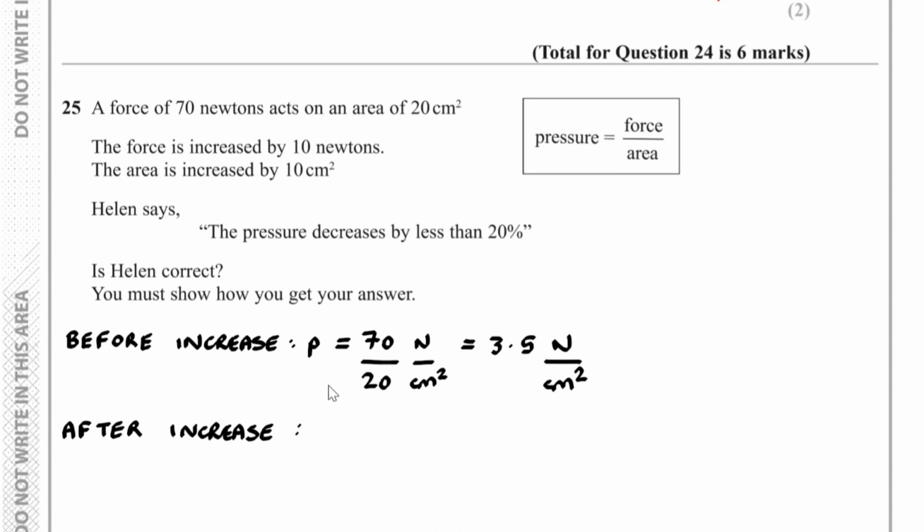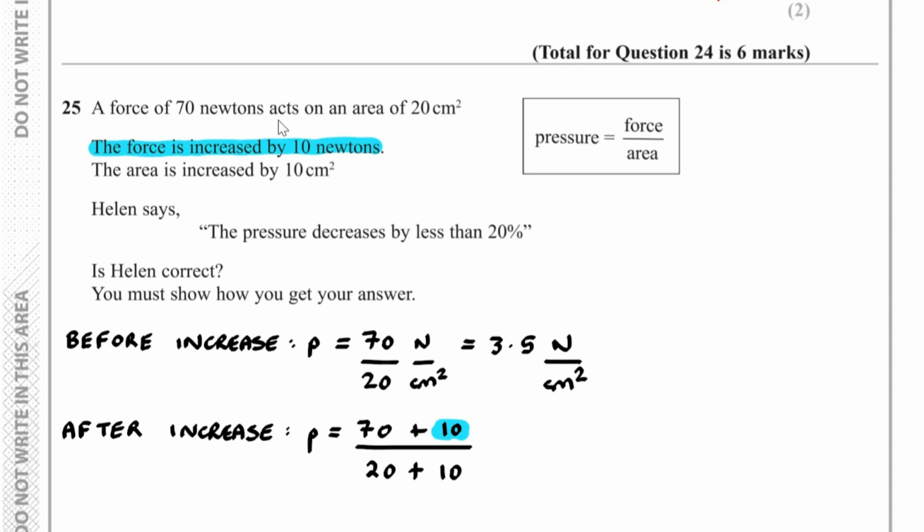After the increase, the pressure P is equal to, well, what's happening this time is we're increasing the force by 10. So I've got 70 so far, and then I need to add on to this 10. And the reason for that is the force is increased by 10 newtons, which is why I add this 10 on. And then we divide by, well, I've got 20, but then I need to add on 10.